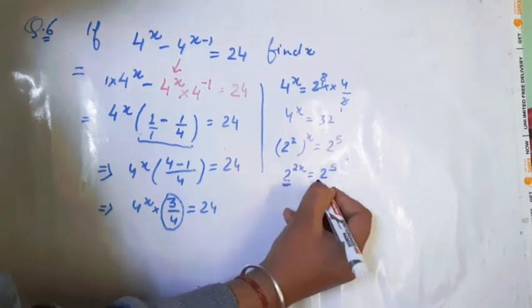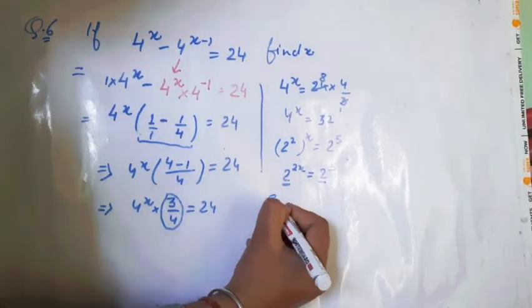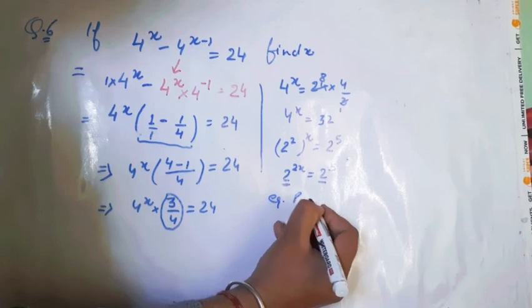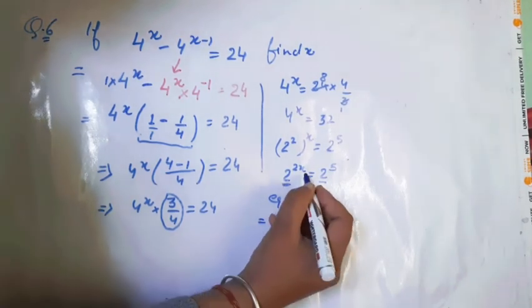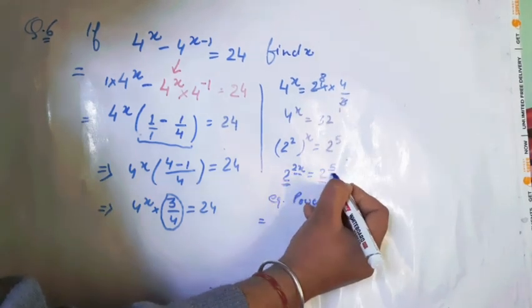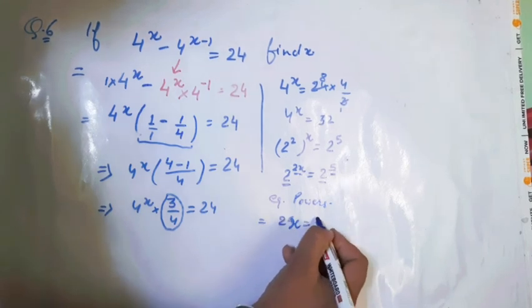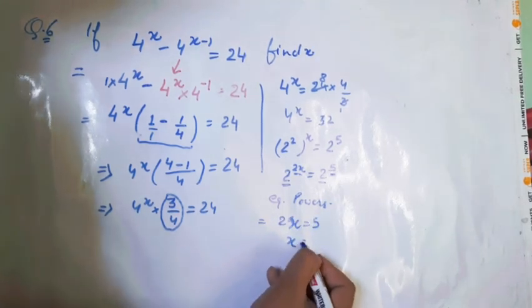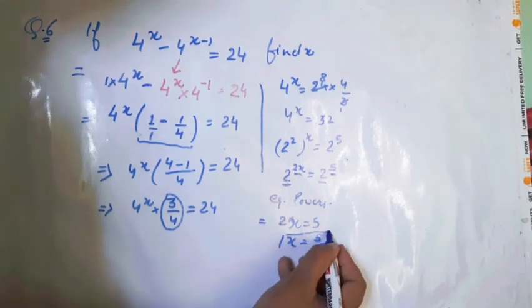Now the bases are same. So what is your next step? Equate the powers. Equating powers, this will be equals to, now its power is 2x and its power is 5. 2x will be equals to 5 and the value of x will be 5 upon 2. This is your required answer.